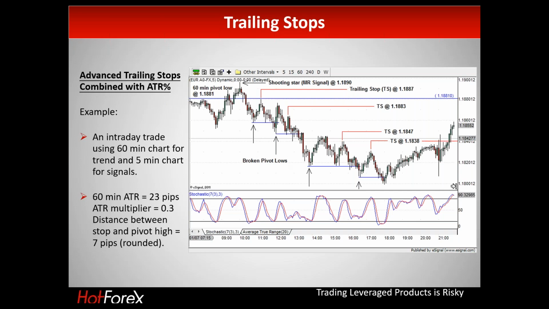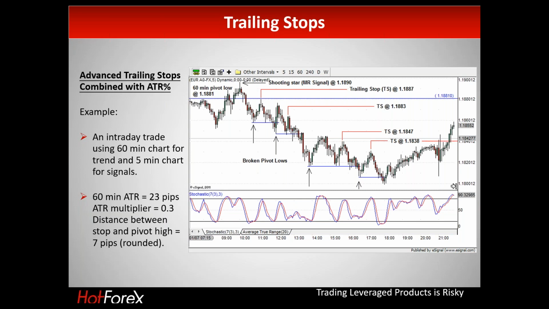Here is another intraday example of using the 1 hour chart for identifying a trend and then waiting for a signal in a 5-minute chart and trading in a 5-minute chart. So having observed the 1 hour, identifying support and resistance levels, identifying the direction of the trend, going down to the 5-minute chart and waiting for these immediate support and resistance levels to break.